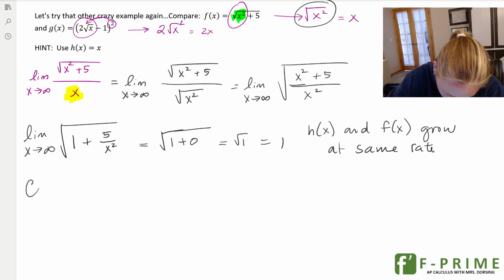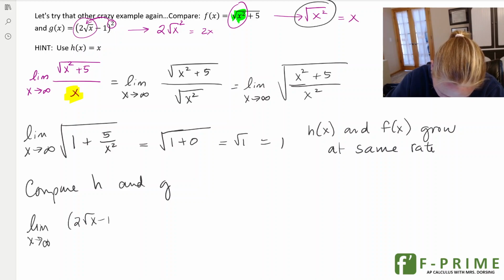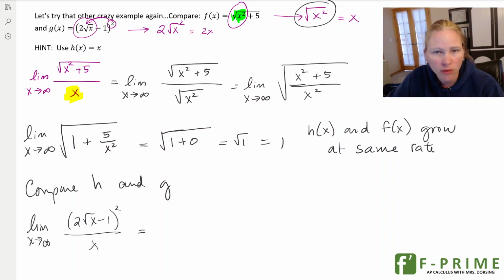Now let's compare h and g. I'm going to do the same thing. So here we go. I'm going to have the limit as x approaches infinity of 2 square root of x minus 1 squared over x. Now, same problem. I'm going to have square roots. Can't L'Hopital my way out of square roots.